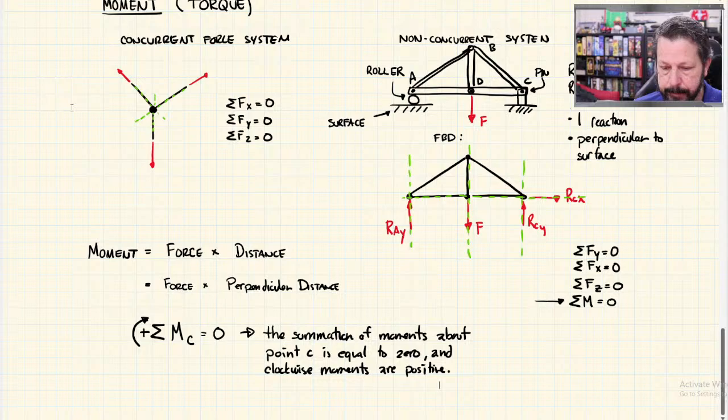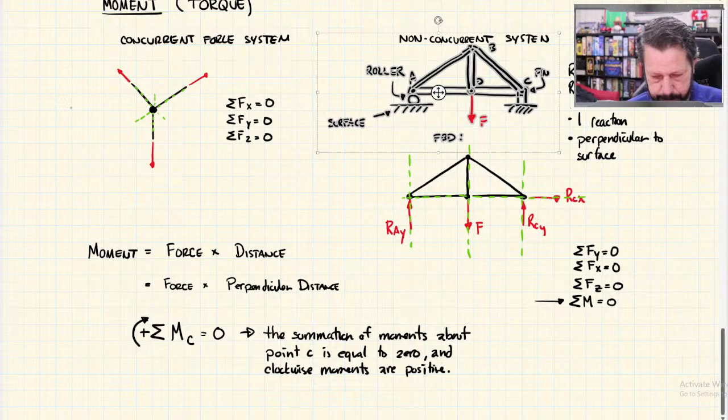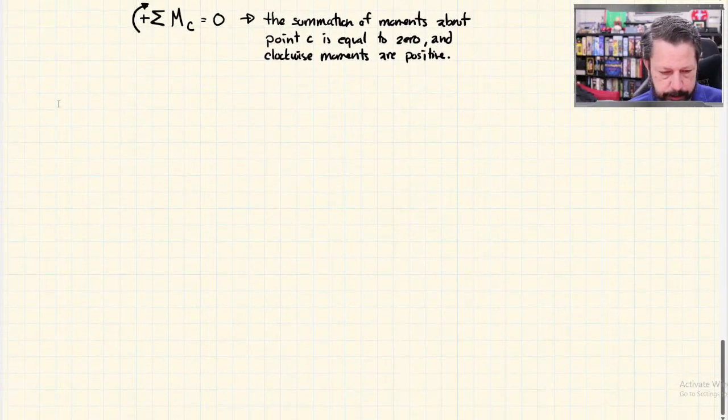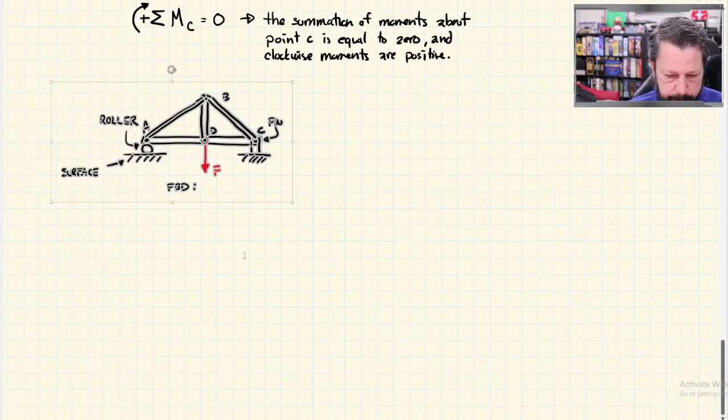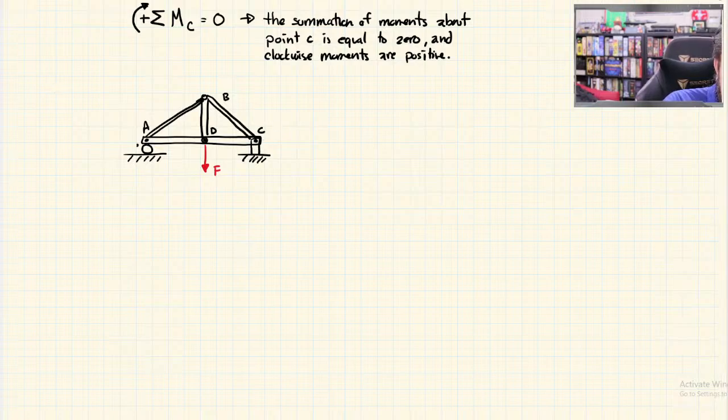Why don't we copy this guy? Copy that. I think I copied a little too much, but that's okay. All right, so we don't need that. We don't really need to label roller and surface anymore. We don't really need pin. Let's put some forces on it. Let's say that the force is 500 pounds.